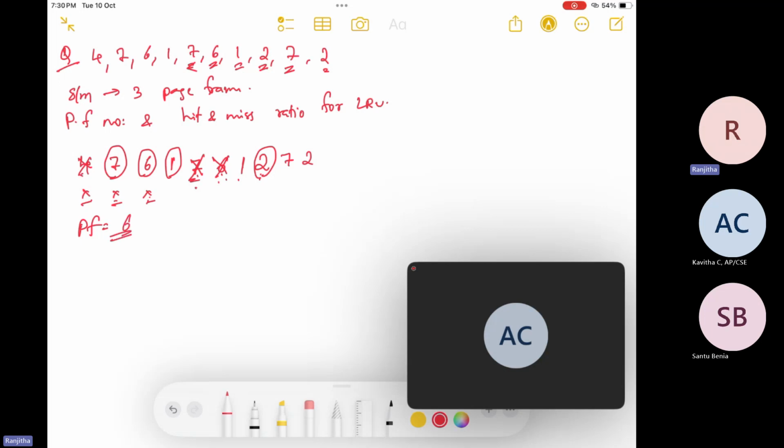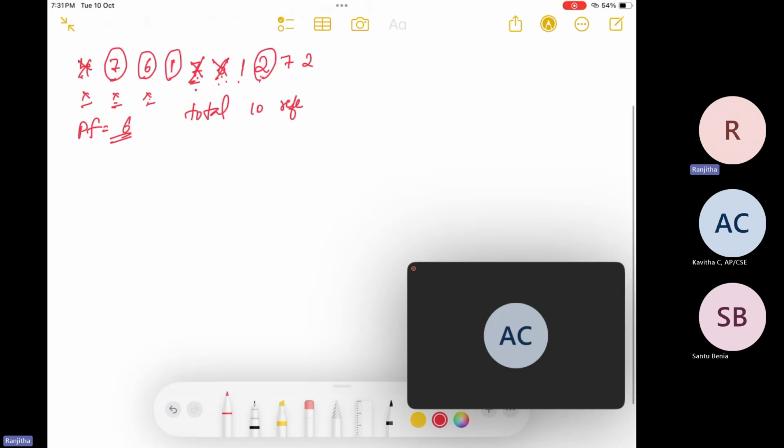We have a total of 10 references, of which 6 are misses. So 6 misses or page faults we got.